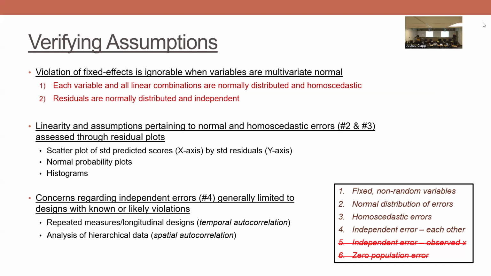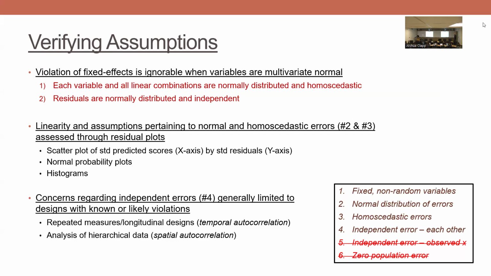Last semester in means-based stuff, we had a lot of tolerance with that because we were looking at the distribution of sample means, right? And we know that becomes very normal very quickly under conditions that are easy to achieve. Here, because we've got our original violation of fixed effects, we're actually using random variables in a fixed variable setting.